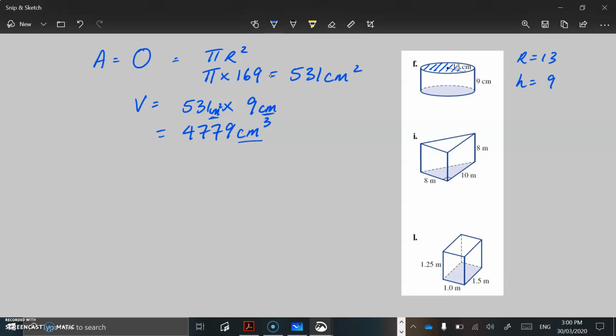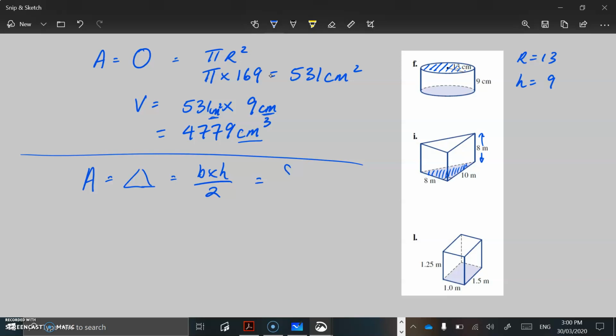All right. Next question, we have a triangular prism. So we're wanting to work out the area of that base, and we're going to multiply it by how far it goes. The area of a triangle is going to be base times height divided by 2. The base is 8, the height of the triangle is 10, and we're going to divide by 2, which gives us 40 meters squared.